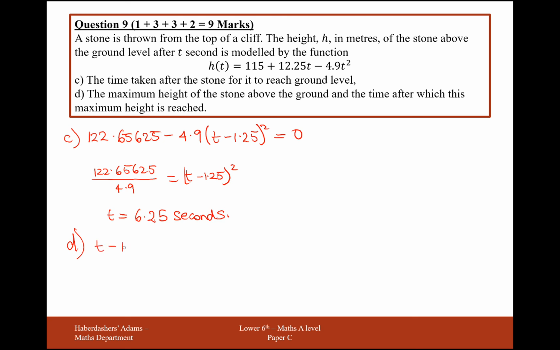So what we want is t minus 1.25 to equal 0, so that we can maximize this whole function here. So t is going to have to equal 1.25 in this case here, and when this is at a maximum, this expression here is going to be 0, so we're not taking away anything, so the maximum height is going to be 122.7 meters, roughly.